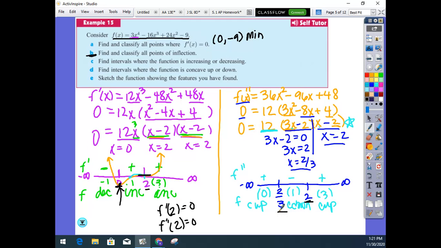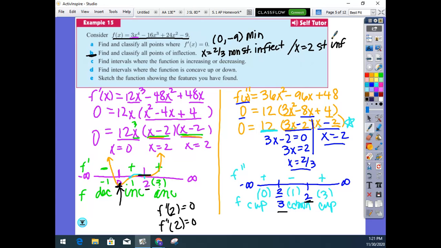So this, where x equals 2/3, is a non-stationary inflection. And where x equals 2 is a stationary inflection. So this can be a little tricky.